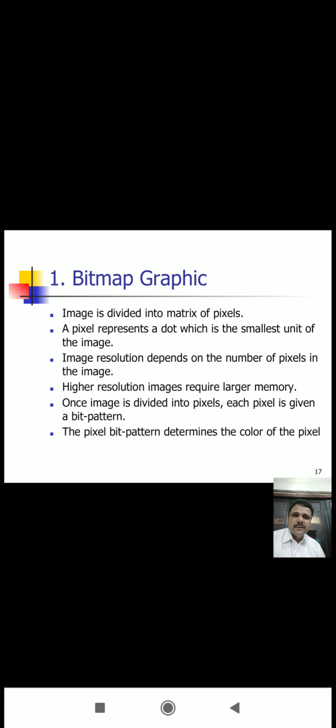Every cell can be a pixel here. In terms of bitmap graphics, we call it a pixel. A pixel is the smallest unit of the image. A pixel represents a dot which is the smallest unit of the image.